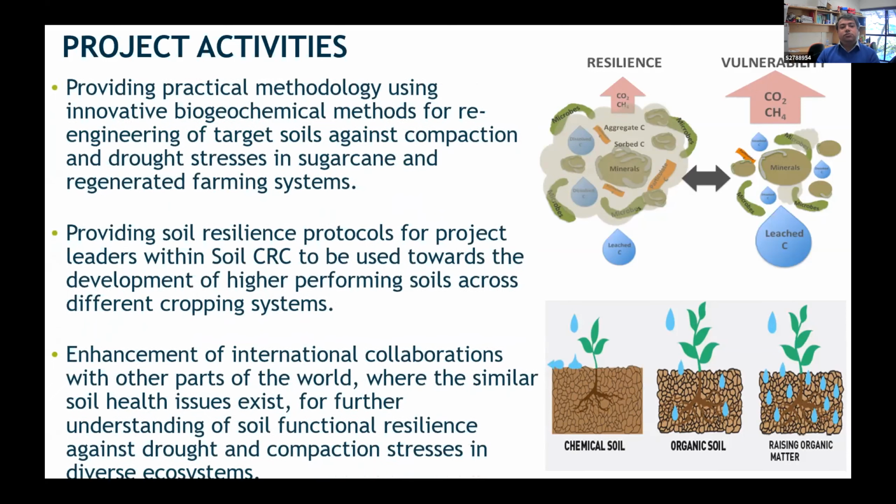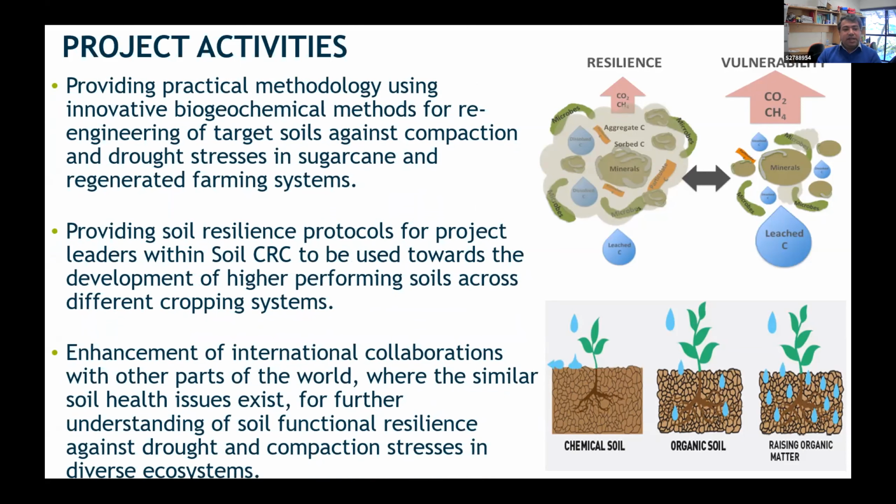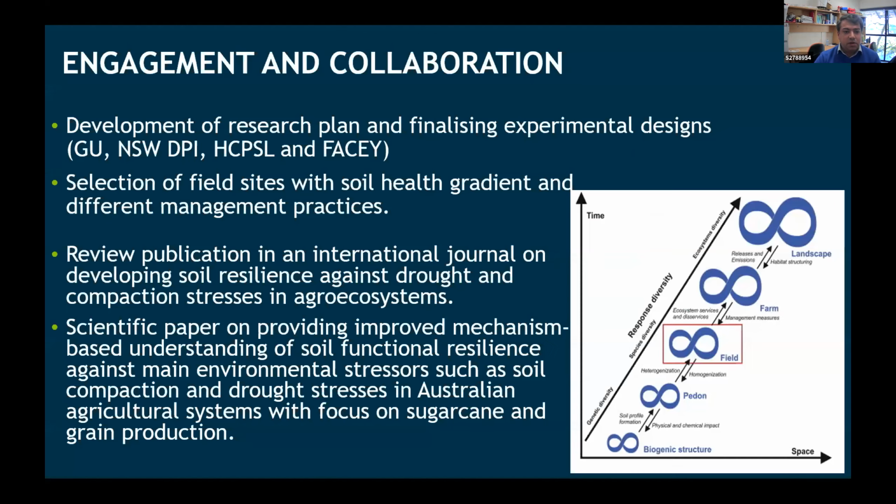We also try to provide practical methods using innovative biochemical methods for re-engineering of target soils against these different environmental stresses, and also provide soil resilience protocols to the other project leaders of Soil CRC to be able to test it in different cropping systems and modify it based on the requirements of the different cropping systems. Also, we do international collaboration through providing journal papers or presentations in different conferences.